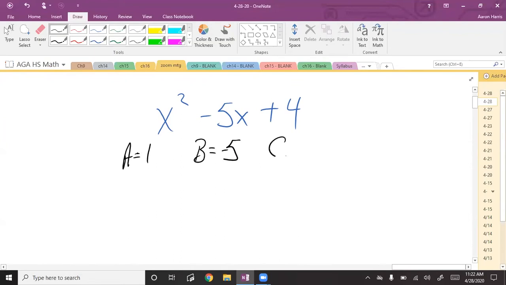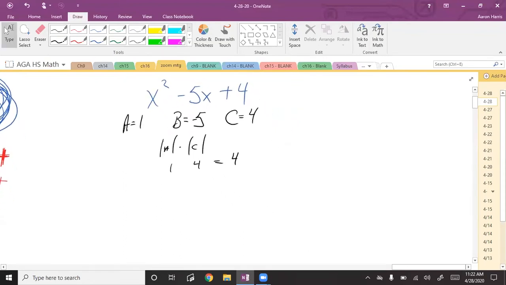And then C is 4. And then you multiply A times C, which will give you 4. And then you break down 4 and you do 1 first, so that's 1 times 4, and then 2 times 2.